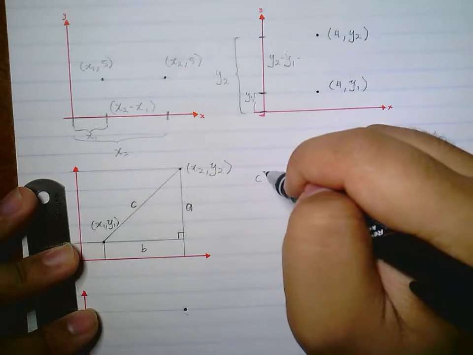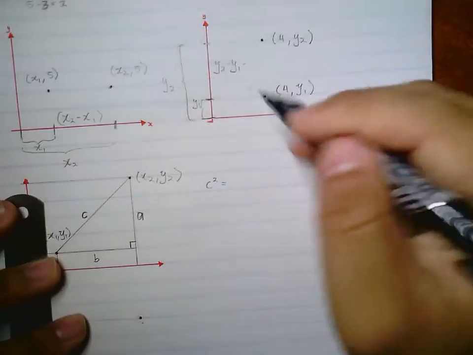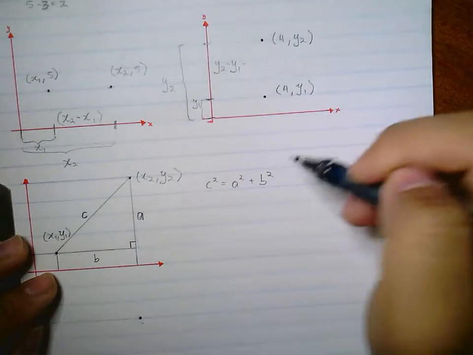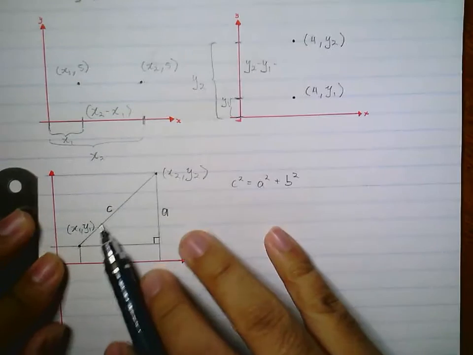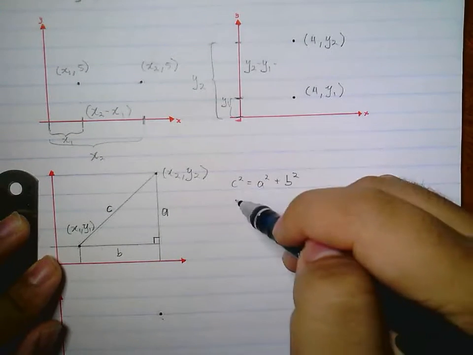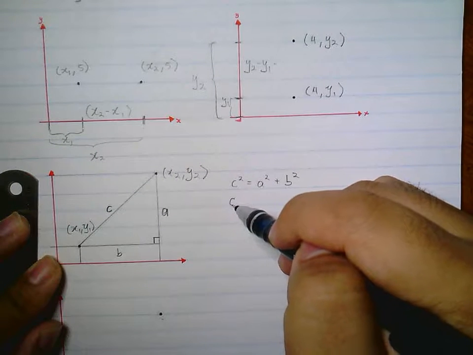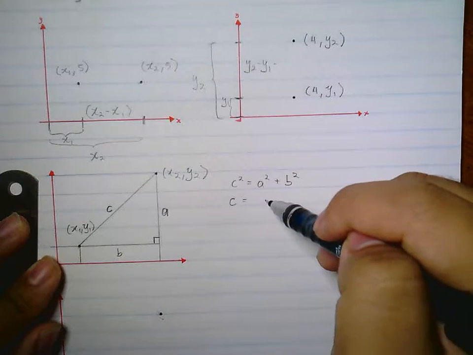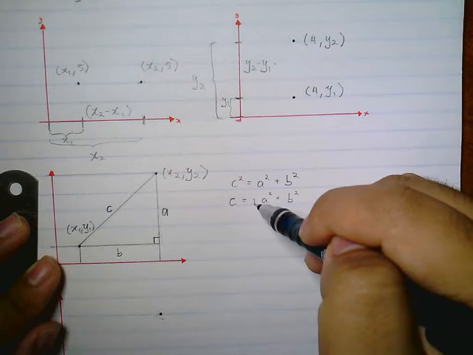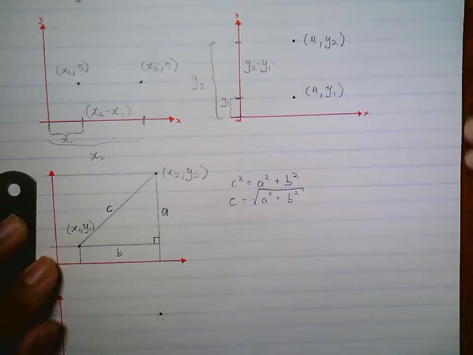We know that C squared is equal to A squared plus B squared. But we don't want the length of C squared. So what we do is we take C and we square root both sides, which gives us the square root of A squared plus B squared.